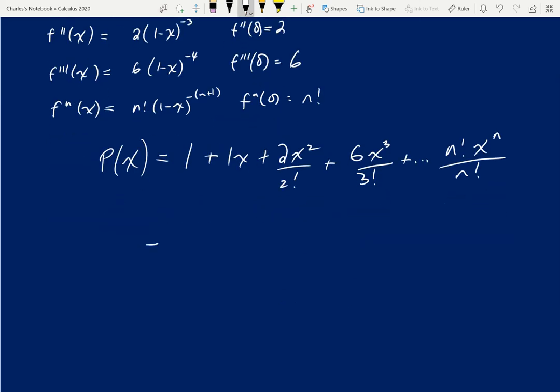Well, I'm sure you can look at this and say it's easier to just say 1 plus x squared plus x cubed plus x to the fourth plus dot, dot, dot, x to the n.